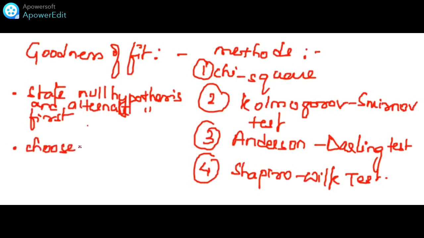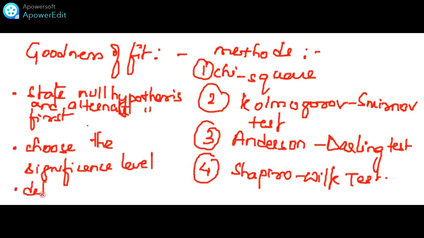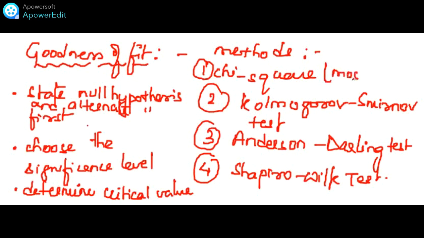So these are important things before performing the test. Then determine the critical value before finding the conclusion. So these are about goodness of fit.